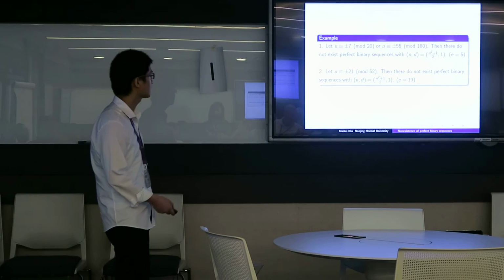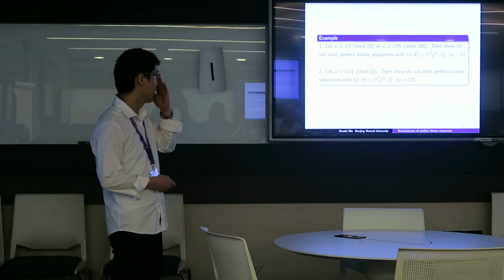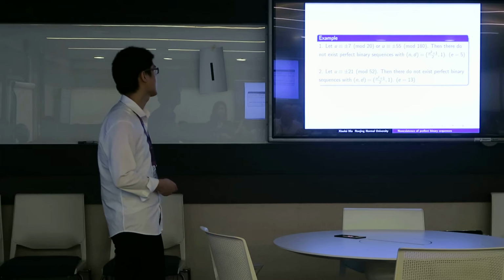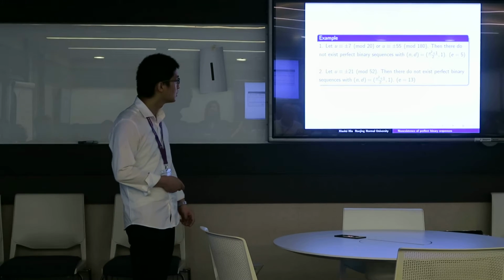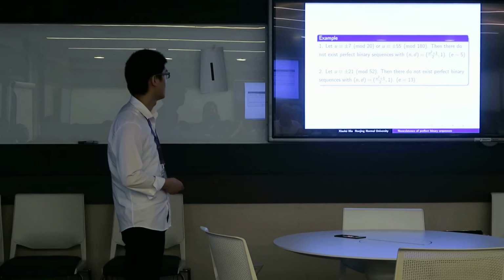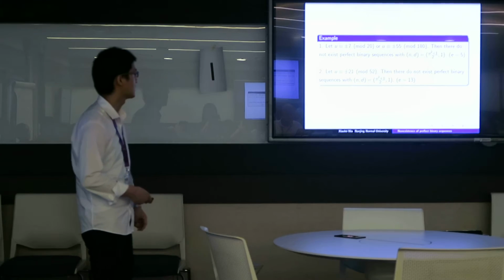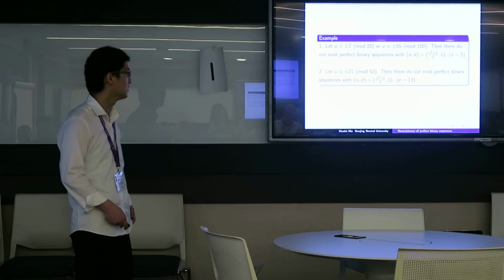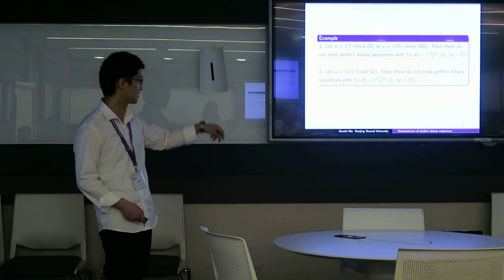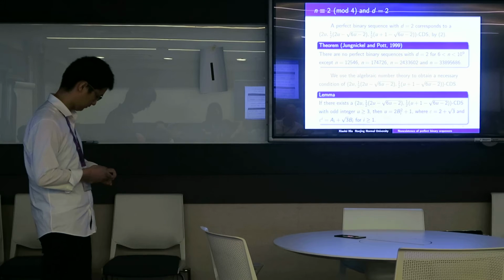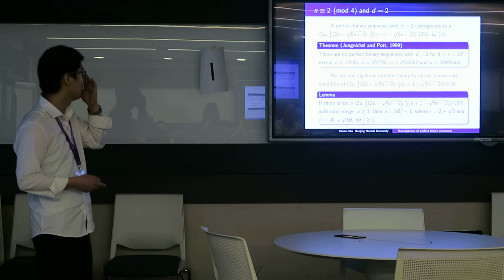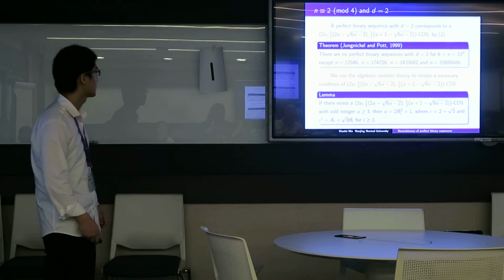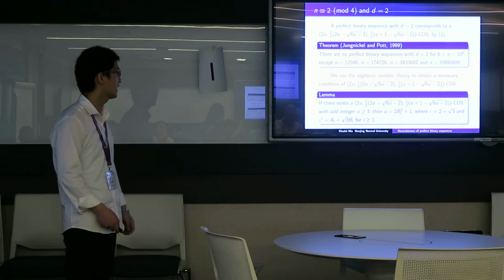For example, if e is 5, u congruent to plus or minus 7 mod 20 or 55 mod 180, there are no perfect binary sequences. If e is 13, we have this version. For the two cases, n is congruent to 0 mod 4 and d is 2.